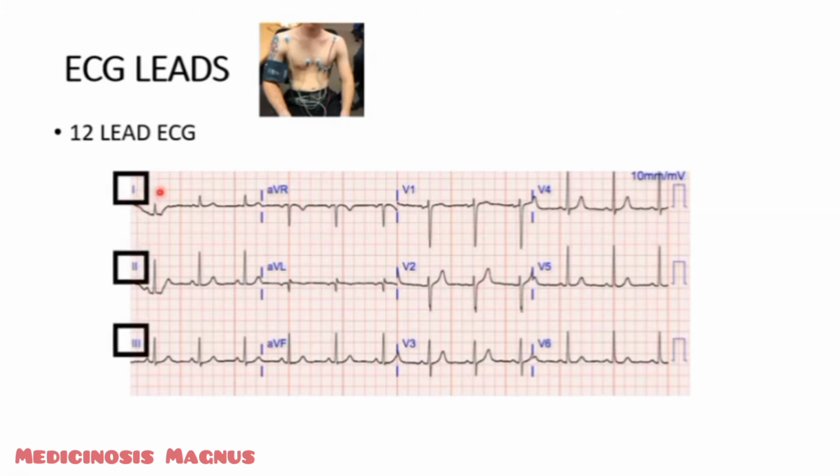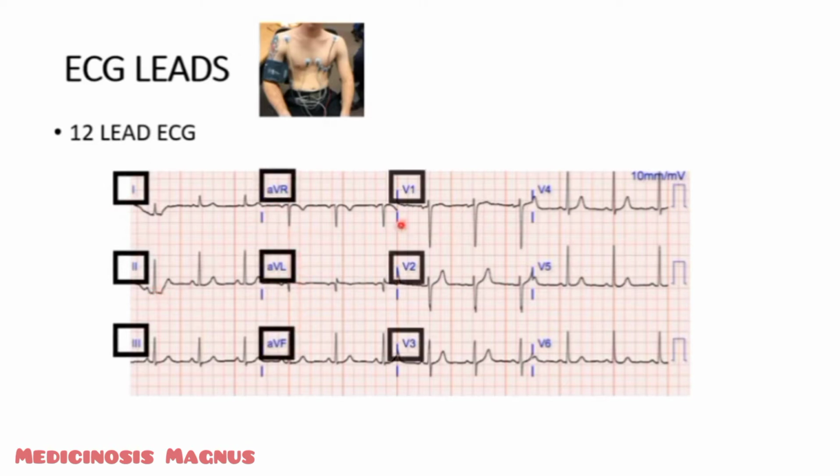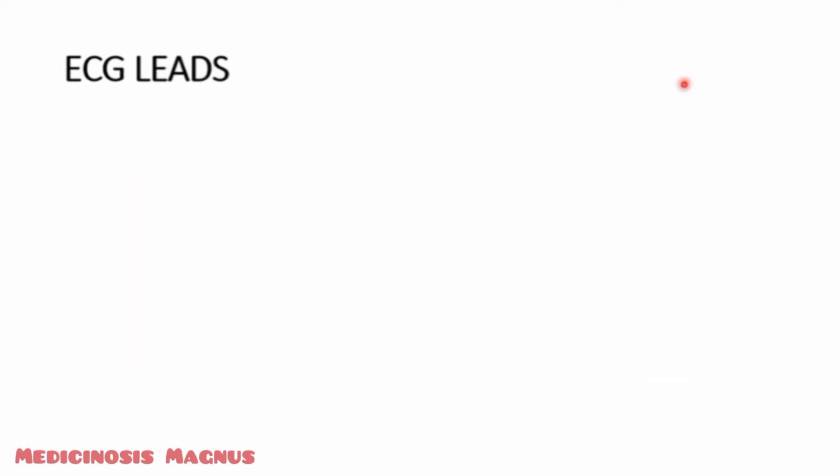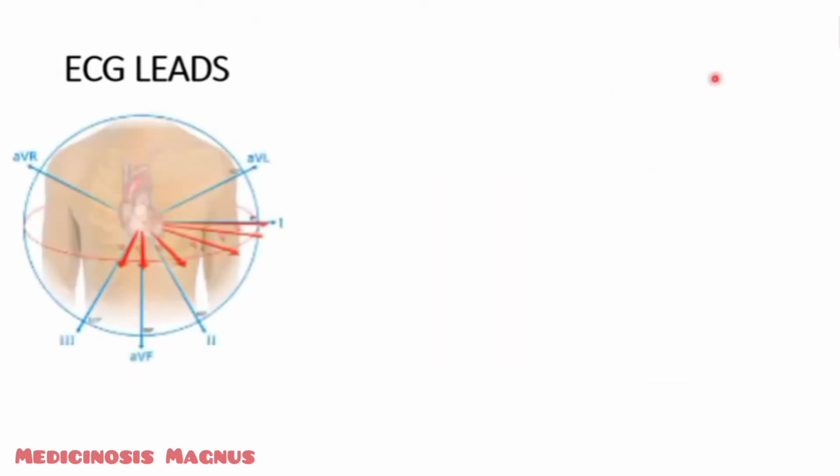Now I told you there are 12 leads. These are lead 1, 2, 3, AVR, AVL, AVF, V1, V2, V3, V4, V5, V6. Now let's see where they are placed and what they do. Let's divide the 12 leads into 6 plus 6.